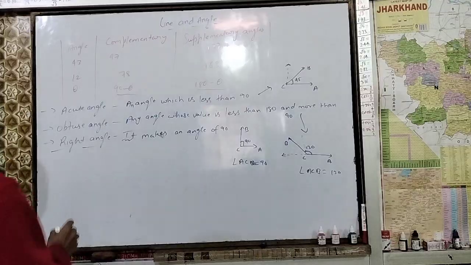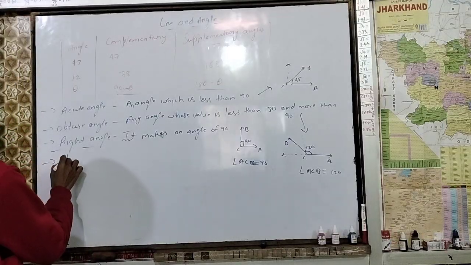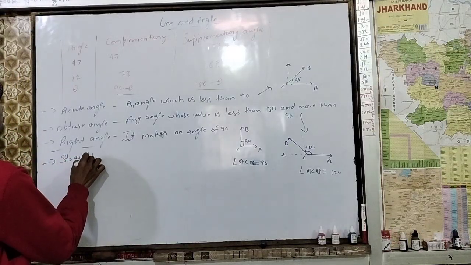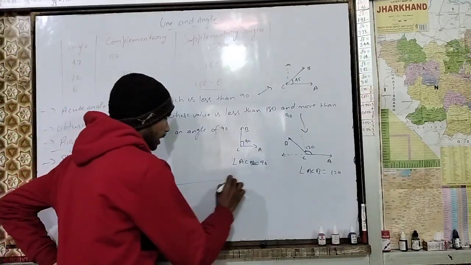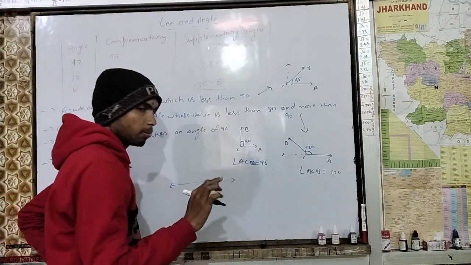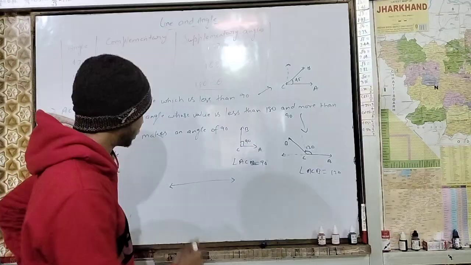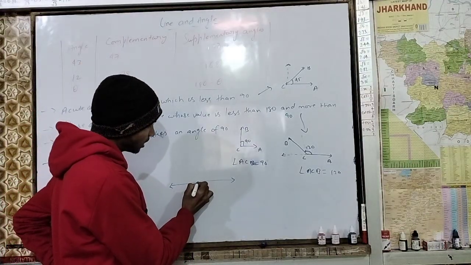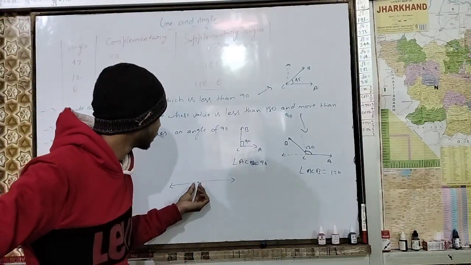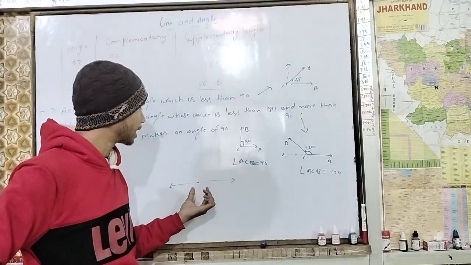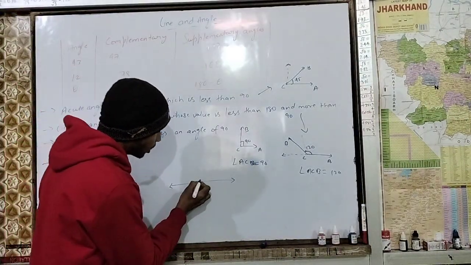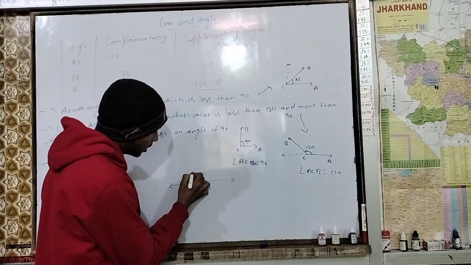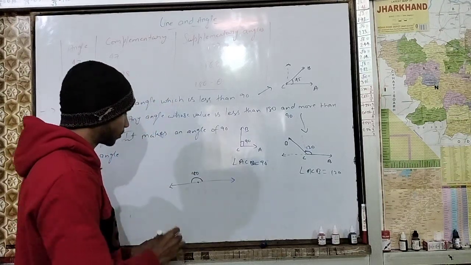What about the straight angle? A simple line. But there should be two lines, not one. That's why we highlight a point over here so that it gives us two rays. Now the rotation of this is completely how much? 180 degree.